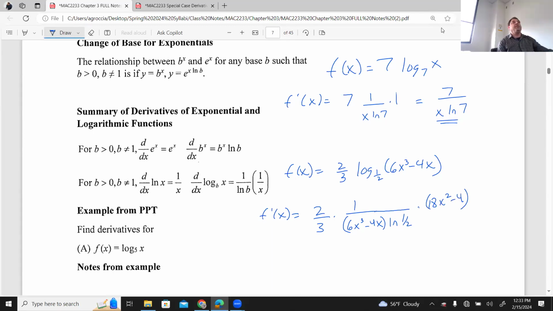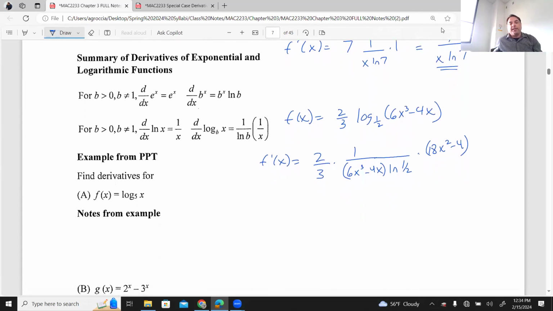So stop there. You may be worried about simplifying before you even get there. So step 1, make sure you did the derivative correctly. Then, when you know the derivative is correct, then we will simplify. 2 times 1 is 2, and then I'll just keep this in parentheses. On the bottom, we have 3 times 6x cubed minus 4x, times ln of 1/2.